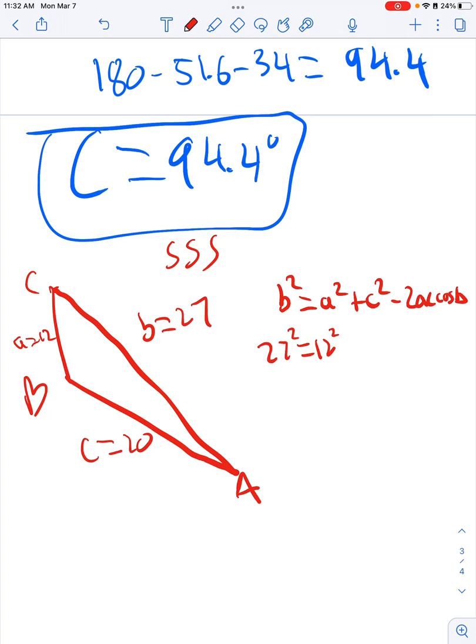Plugging in what we know, 27 squared equals 12 squared plus 20 squared minus 2 times 12 times 20 cosine B. And then to get B all by itself, I have to simplify this.